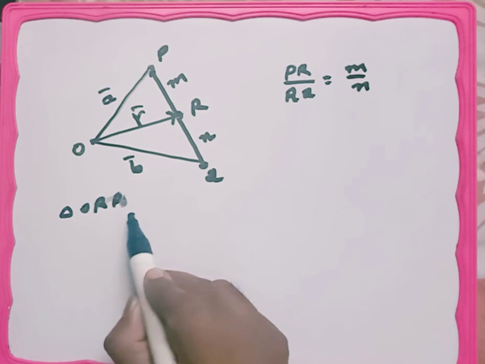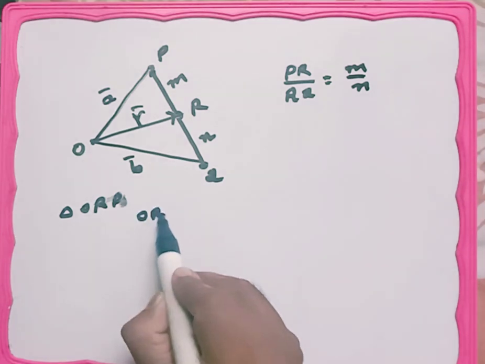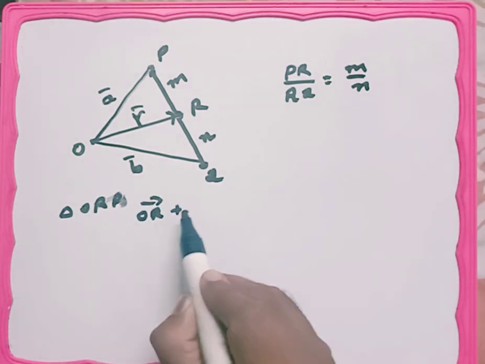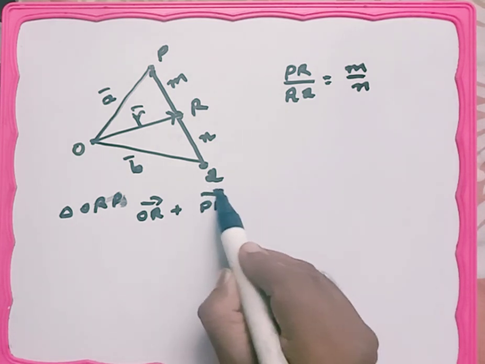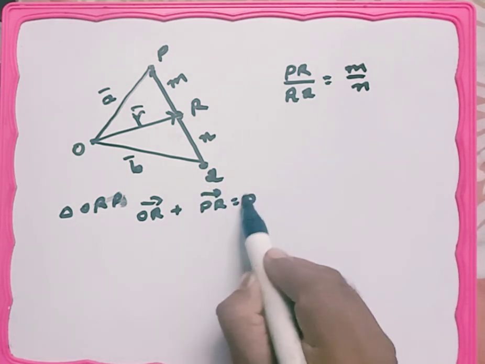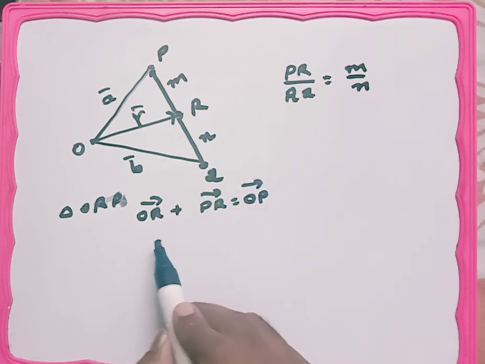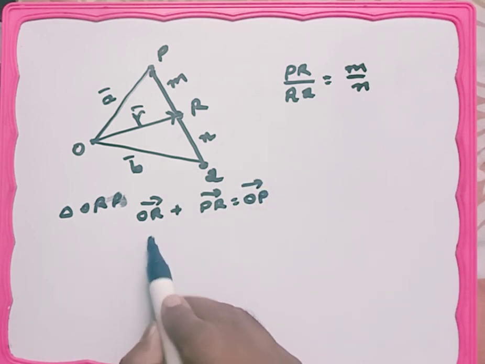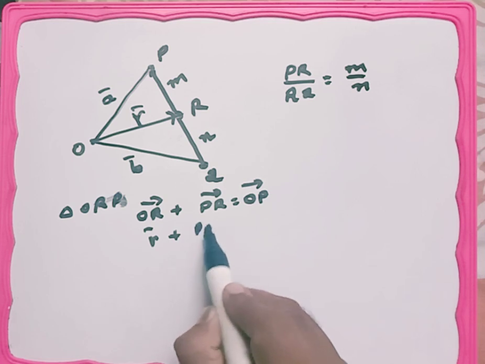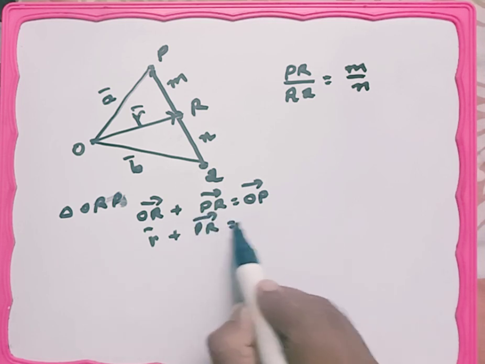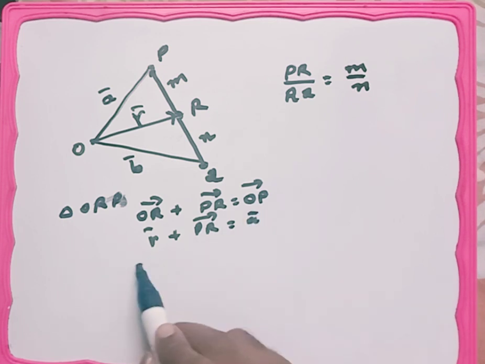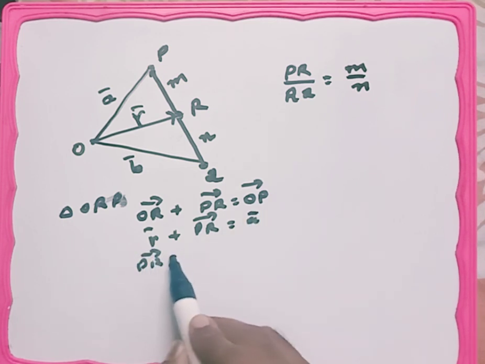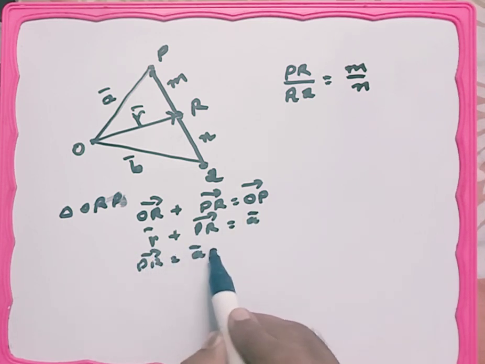Vector OR plus vector PR is equal to vector OP, and so vector OR, r bar, plus PR is equal to vector OP, which means a bar, and so the PR vector will be a bar minus r bar.